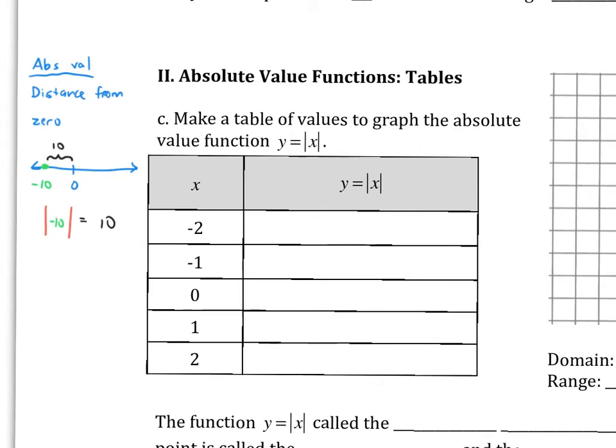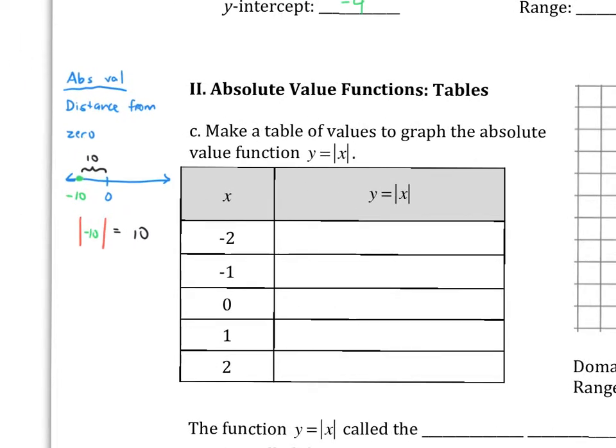But for now, let's just look at what a function might look like. This function here is y equals the absolute value of x. For all the values of x that we put in, we're going to get some output. So y equals the absolute value of -2, which just gives me 2.